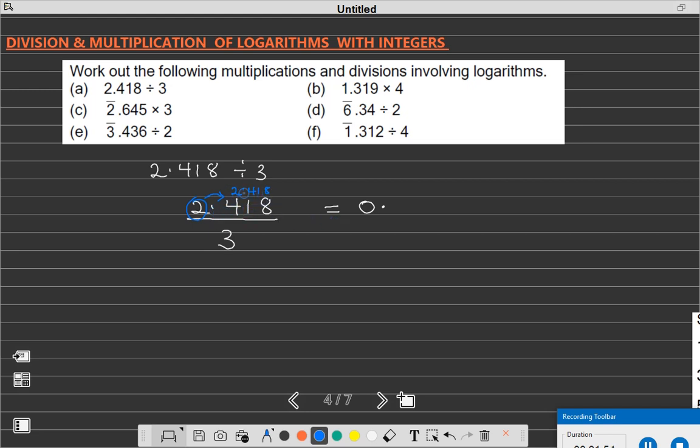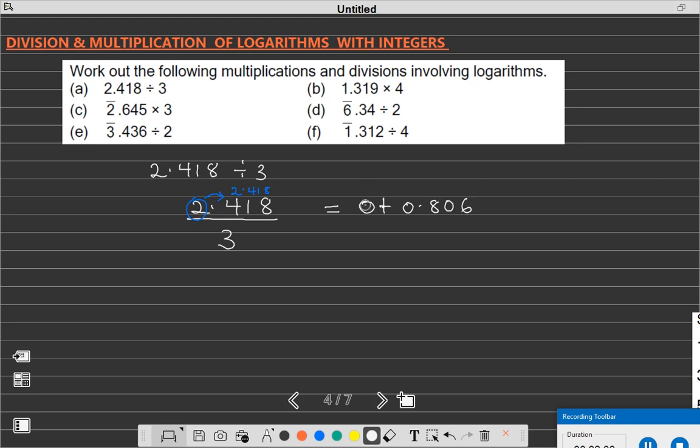So what answer do we get? This 2 is now carried on, is added to this mantissa here. So the mantissa will now be 2.418 divided by 3. And when you press your calculator, 2.418 divided by 3 gives us 0.806.